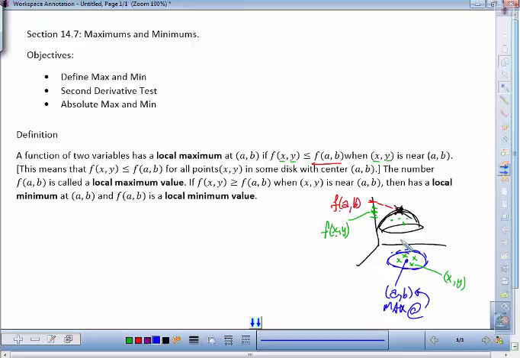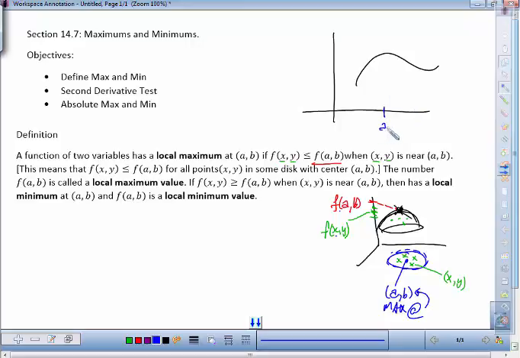Now, I know back in calculus, our life was a lot simpler because we just had one input and one output.